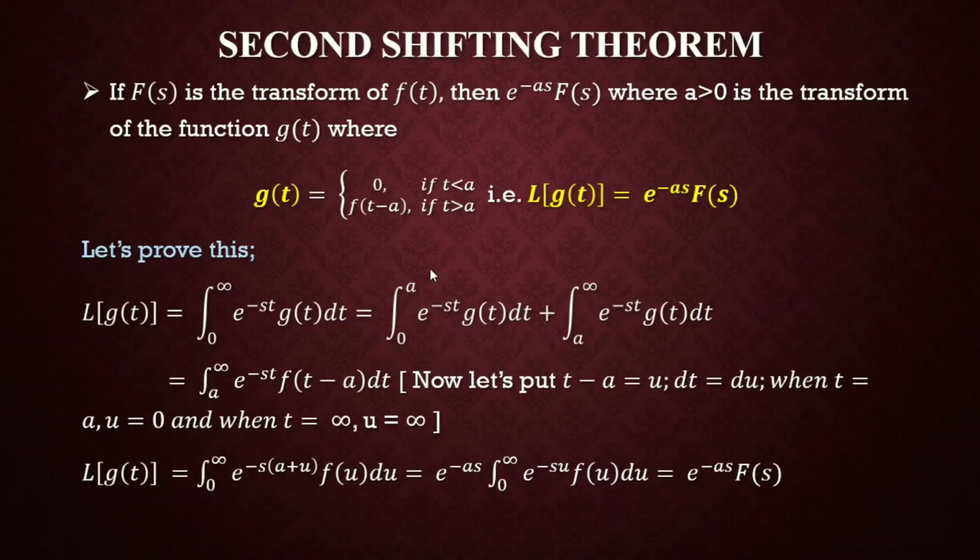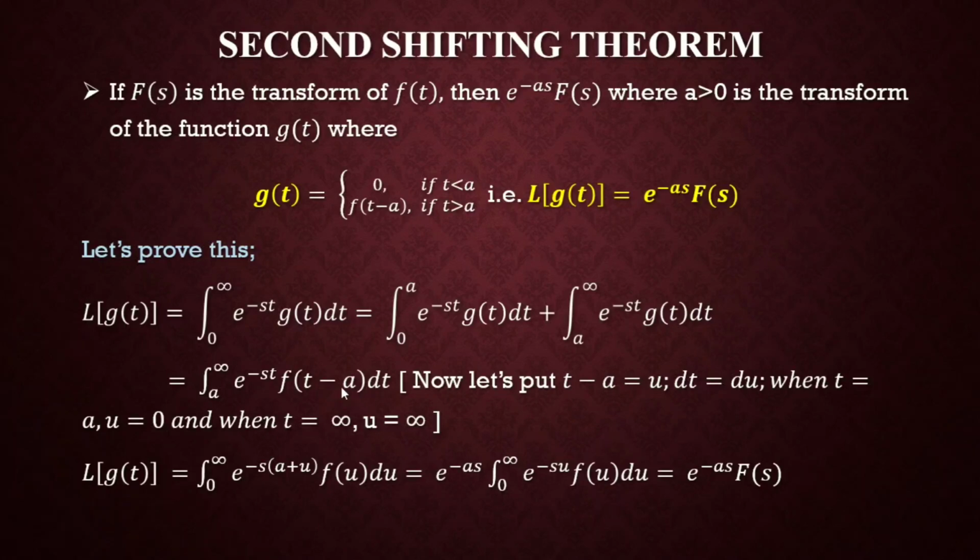Now, from 0 to a, that is when the value of t is less than a, we'll have the function value equal to 0. So this term becomes 0. Now, when the value of t becomes greater than a, then the function value will be equal to f of t minus a. Therefore, integral a to infinity e raised to minus st f of t minus a dt.